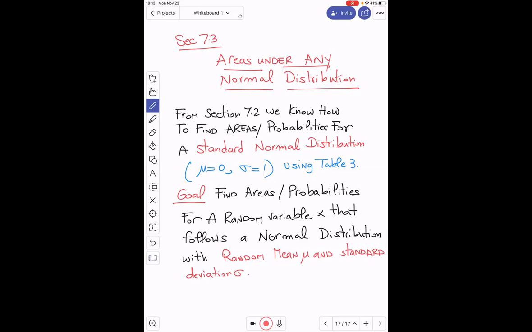All right. So the idea is actually to convert. We're going to convert the value of x to the z values.